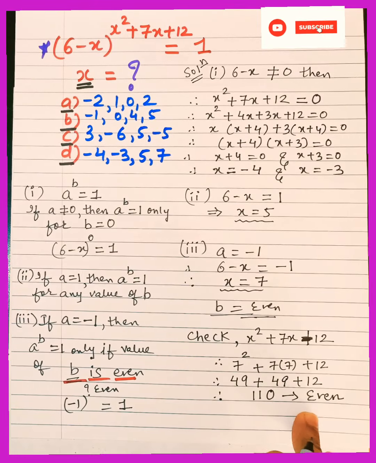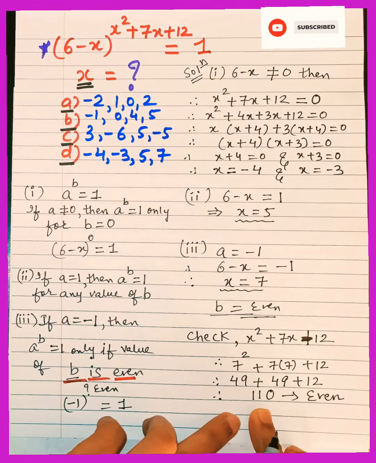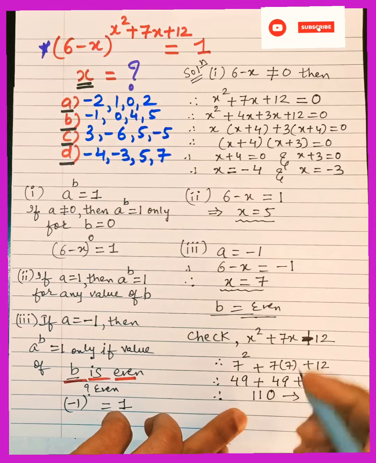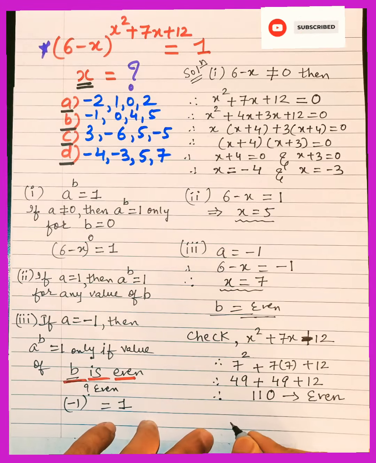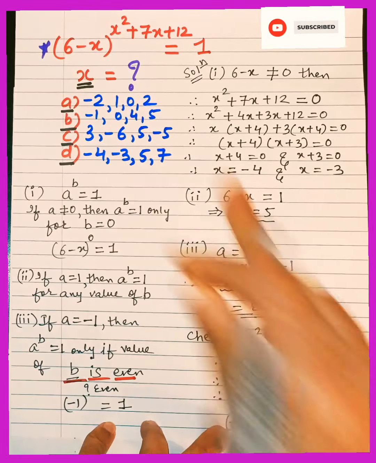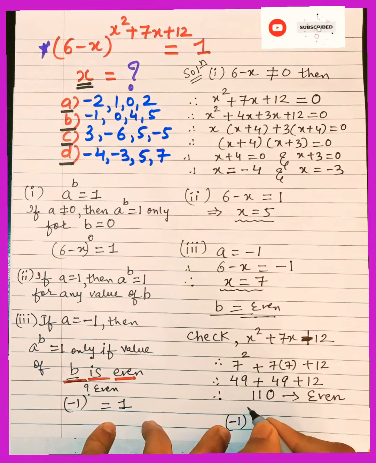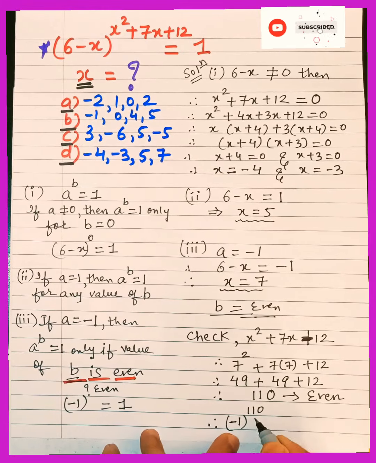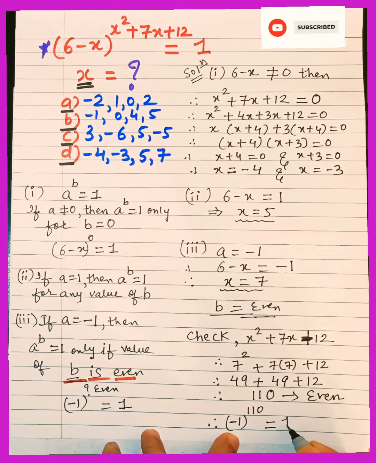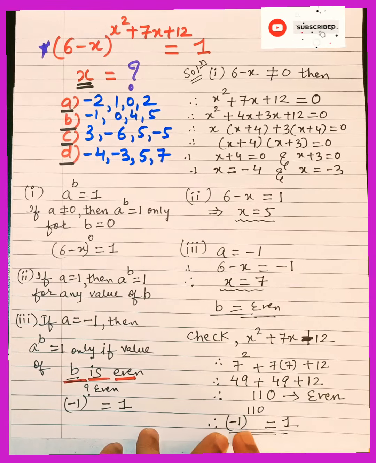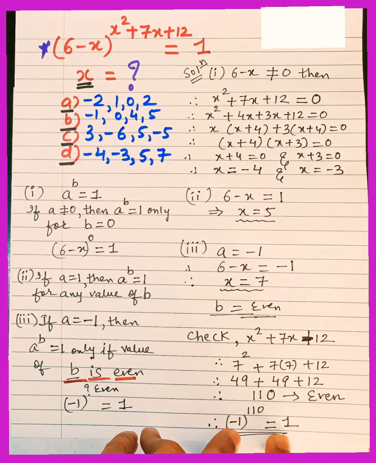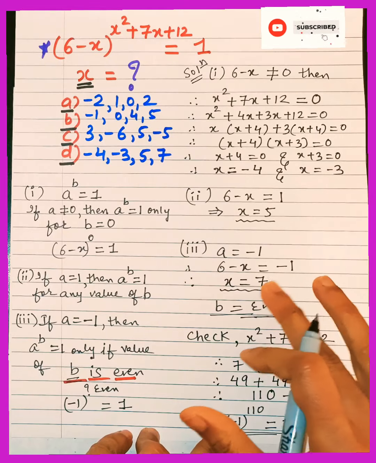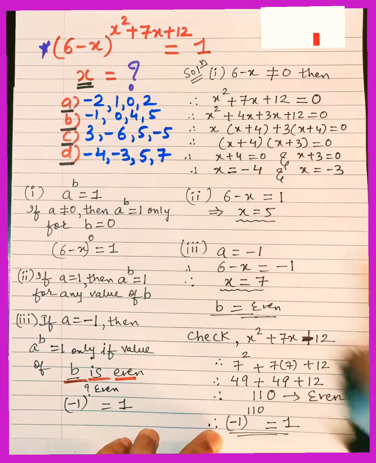So as I told you, if a is minus 1 and b is 110, then minus 1 raised to 110 gives 1. So our condition is satisfied, and this value satisfies the equation.